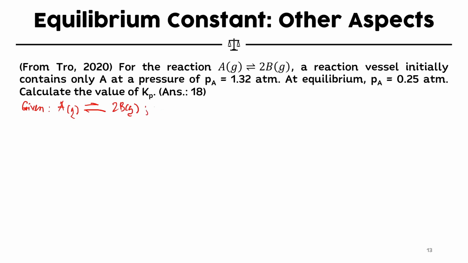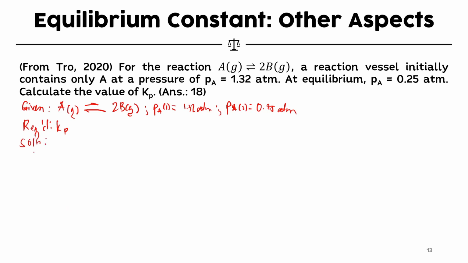Then our initial partial pressure for A, let's say our initial pressure for A is denoted as 1, so that is equal to 1.32 atmospheres, and the equilibrium pressure of A is denoted as 2. So that is equal to 0.25 atmospheres. So what is required in this case is the Kp. So let's establish the solution.